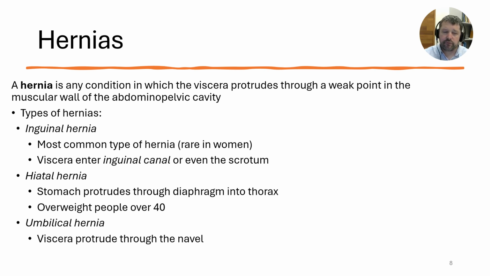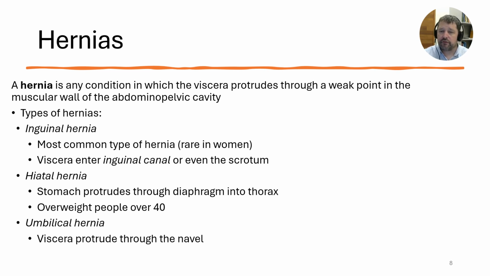Both inguinal and umbilical are often the result of injury to the muscle in that region, and can be due to things like weightlifting and things like that. You often get, or strenuous activity, you can often get one of these two. But the umbilical is when the viscera protrudes through the navel area.